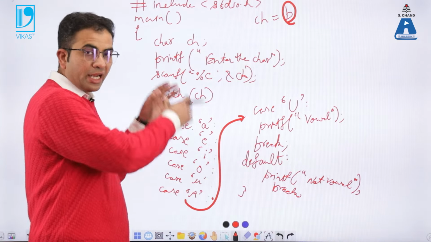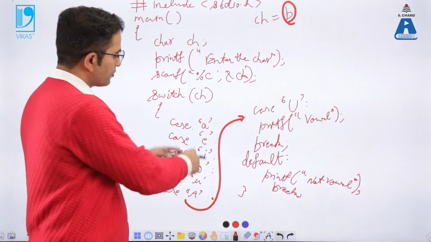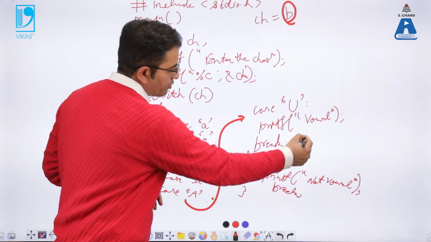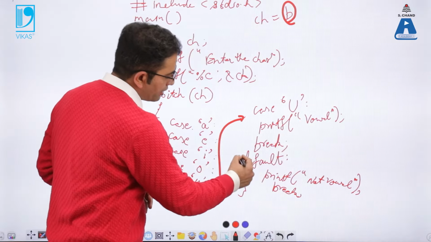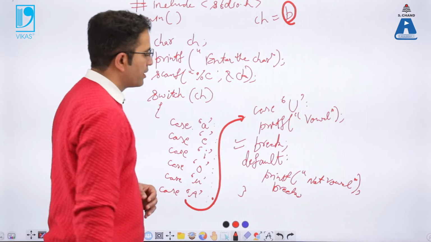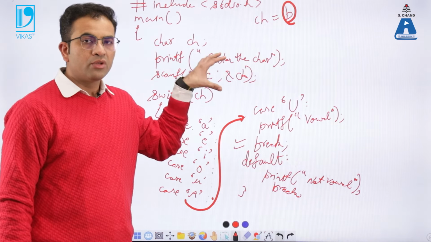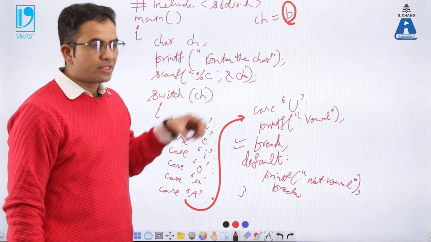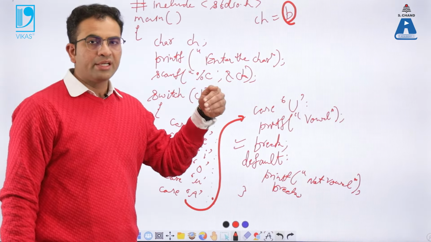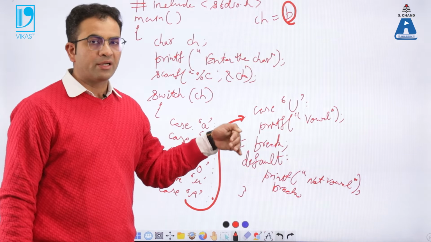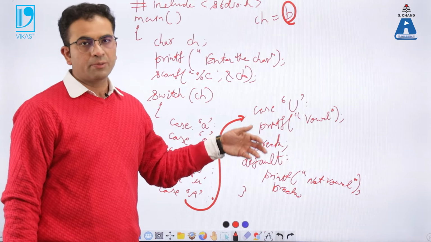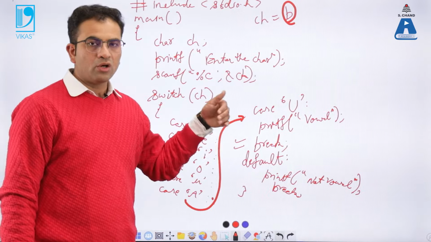If we want to check every case, then in the last we have to apply the break statement, and default is necessary. You can write a program of a calculator as well, because in a calculator at a time we need only one type of operator, arithmetic operator or subtraction or division or modulus.